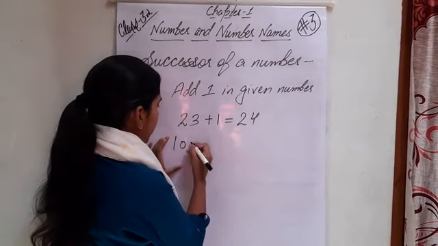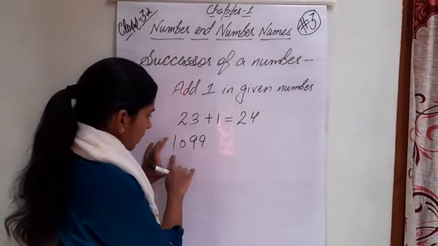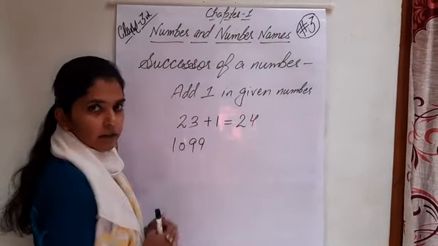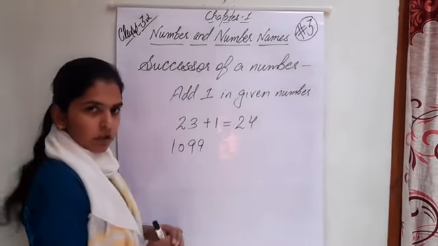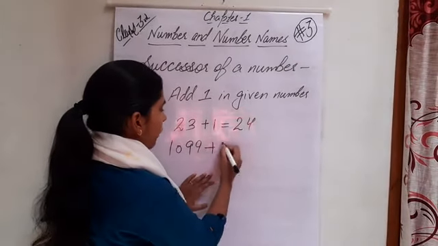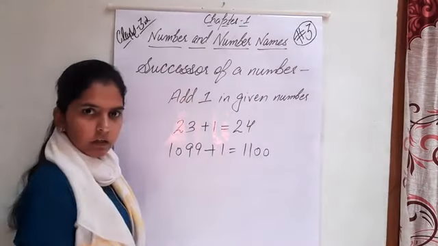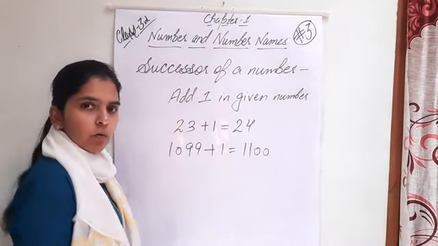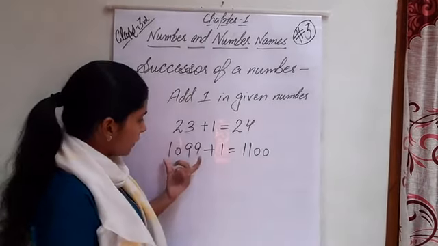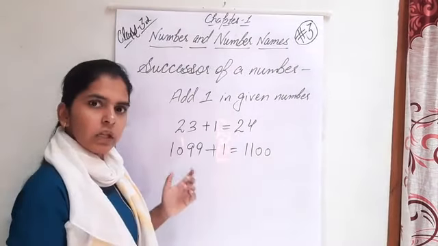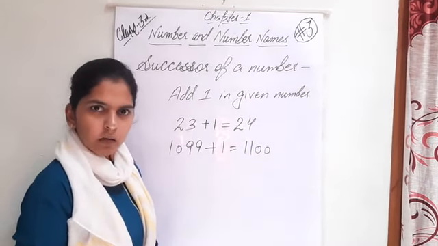If I want to find the successor of 1099, what will be the successor of this number? It will be 1100. If you learn to read 4-digit numbers, you can easily write the successor of the number.